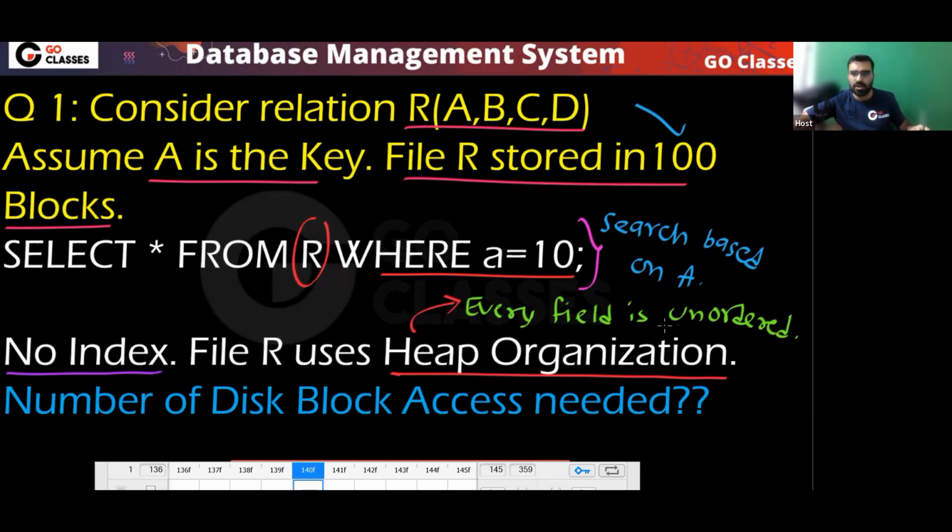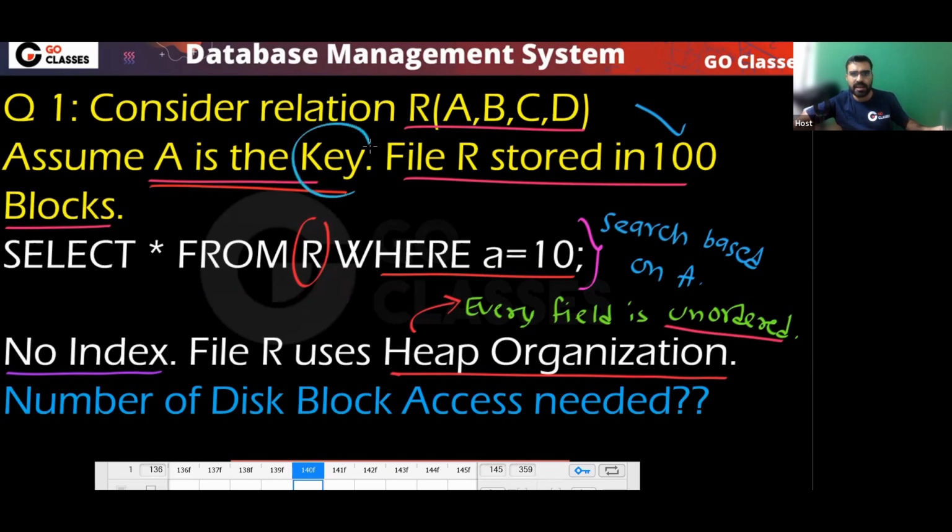Now, what is the number of disk block accesses needed when you perform this query? Remember, A is a key. So how many records are there with A equal to 10?